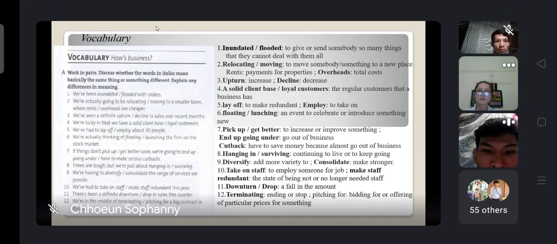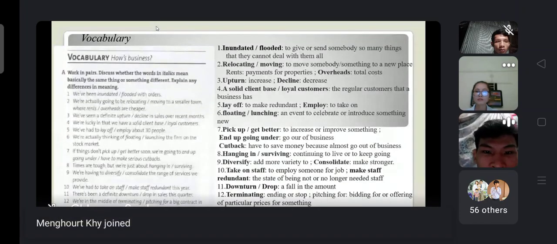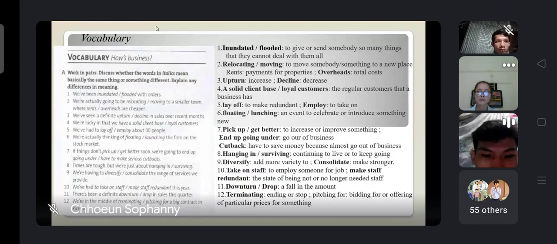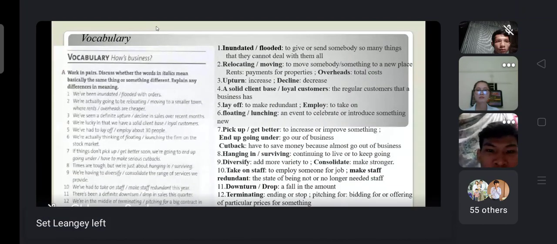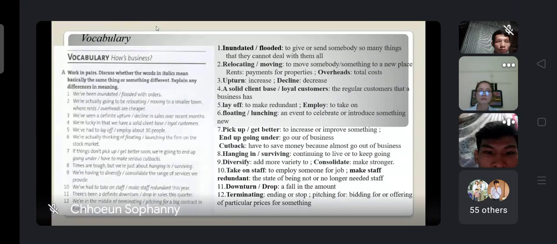They mean to give or send somebody so many things that they cannot deal with them at all. That means work or a job that gives you so much that you cannot afford it. So we call it inundate or flood.